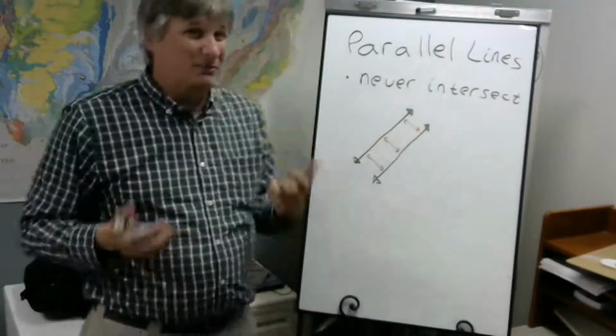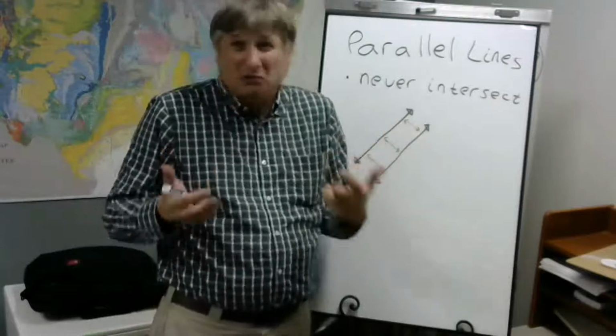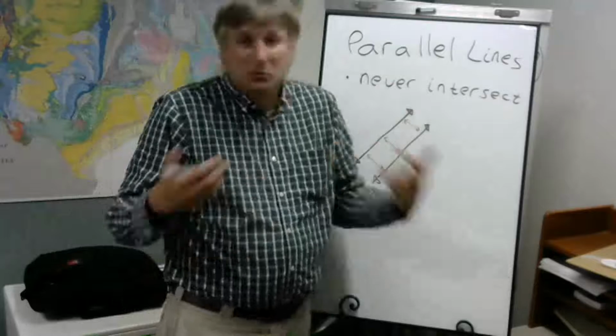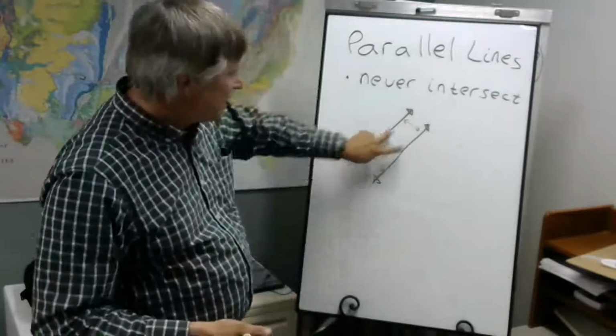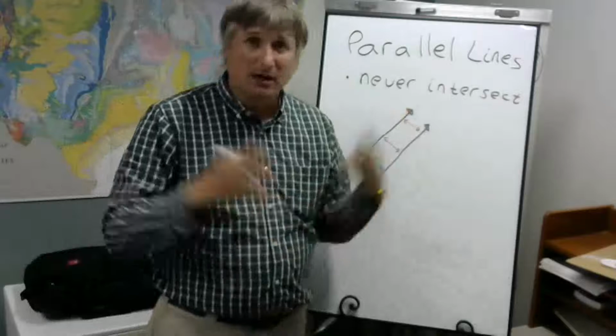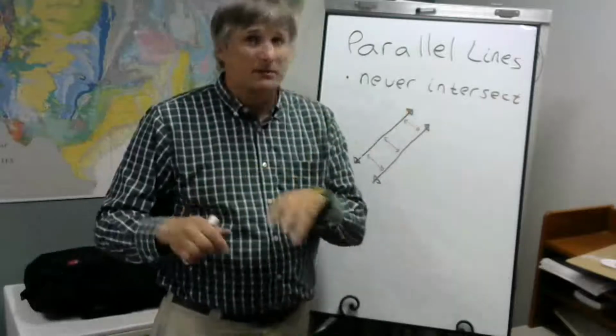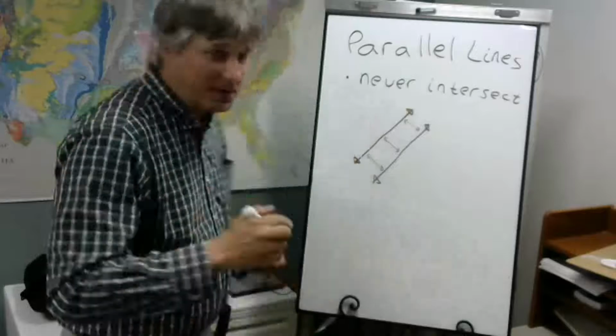You can kind of think of them like railroad tracks. Railroad tracks don't cross, and for the train to traverse the tracks safely, usually you want to make sure these tracks are always the same distance apart, not greater, not smaller. And the other thing with parallel lines, if we put this in mathematical terms, is this.